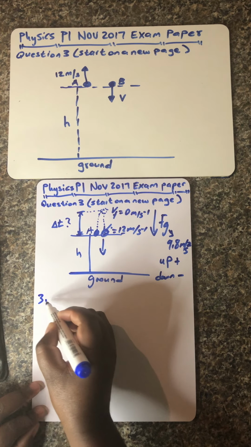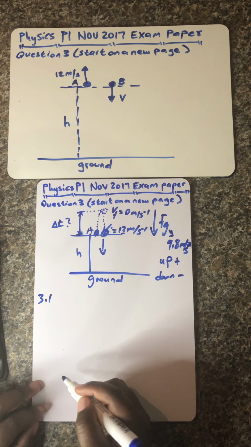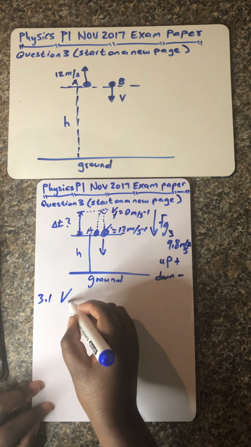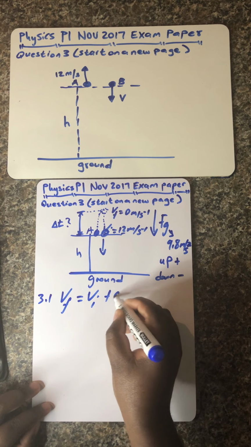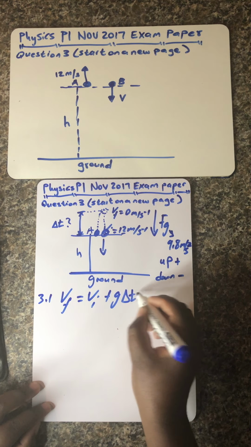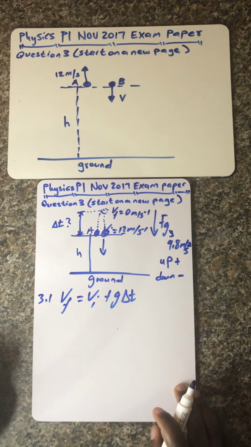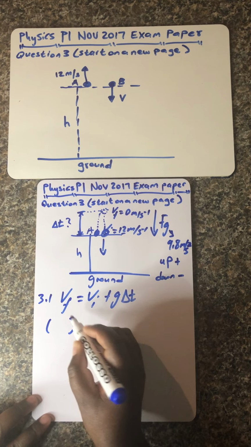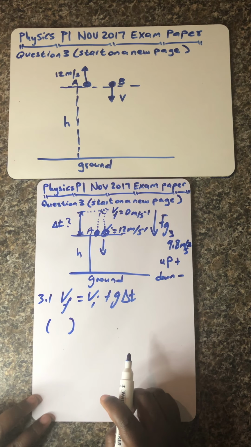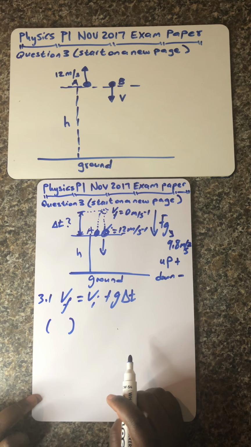So now let's do question 3.1. We know our formula is v final equals v initial plus g change in time. Now remember guys, velocity is a vector quantity, it therefore has a direction. So you substitute your value with a positive or a negative sign.